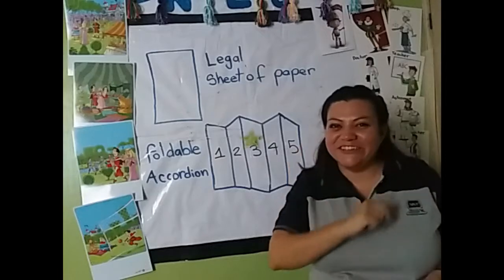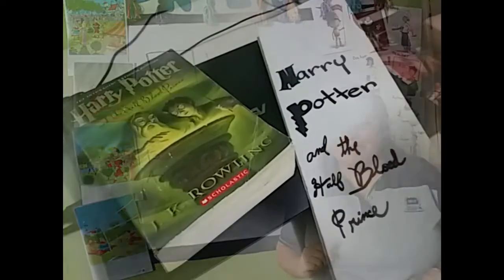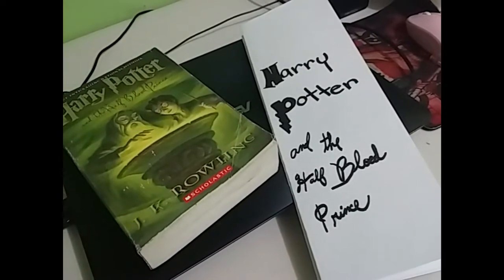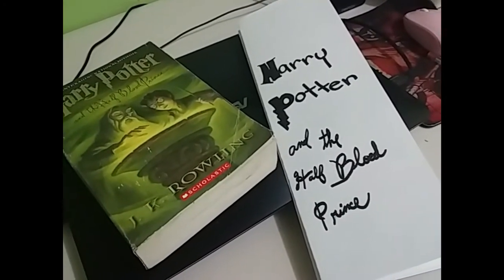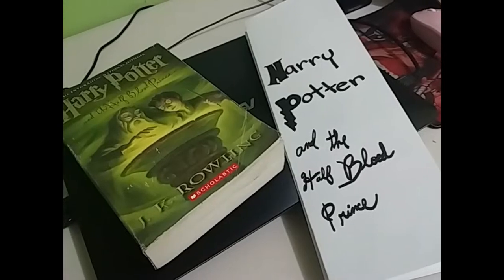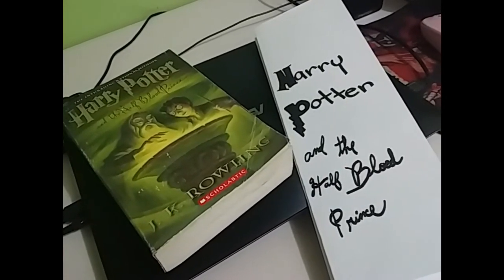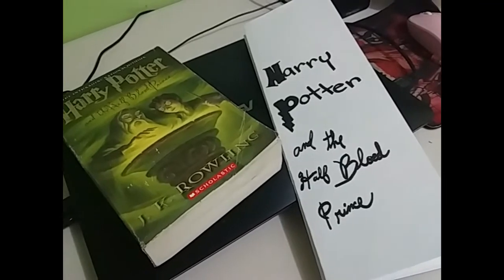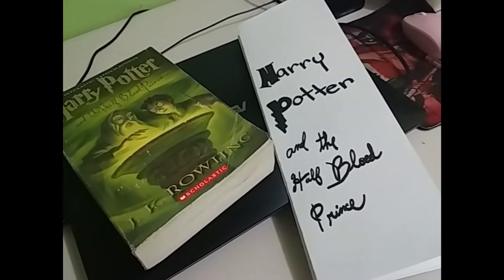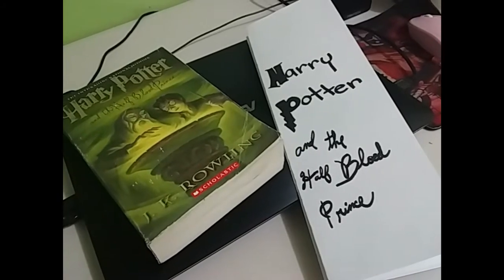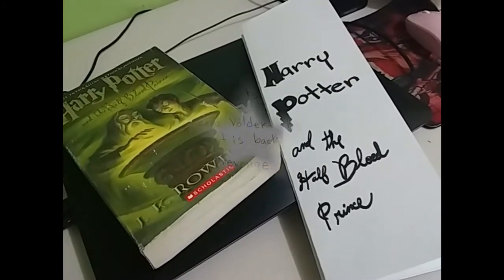So let's continue. Okay, so here is my foldable of Harry Potter and the Half-Blood Prince. This book or this story, I have read it many times. So I made my Harry Potter foldable accordion.